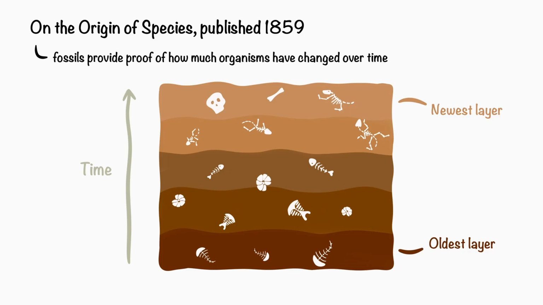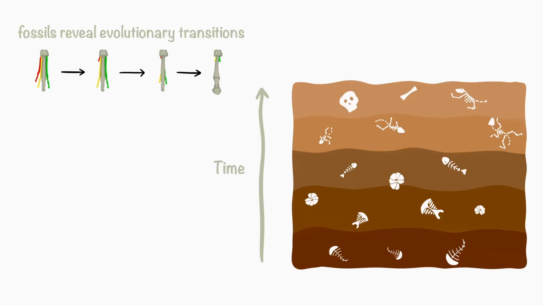Fossils preserve remains of ancient organisms in rock layers, with older fossils in deeper layers. This record shows countless extinct species, demonstrating that Earth's inhabitants have changed dramatically over time. Fossils reveal gradual transitions between ancient and modern forms.